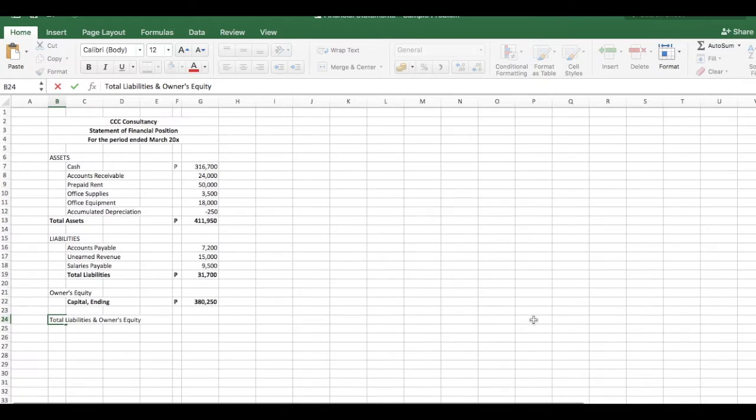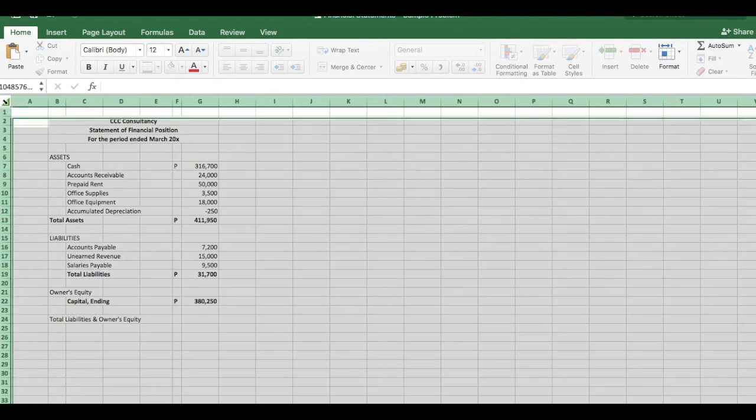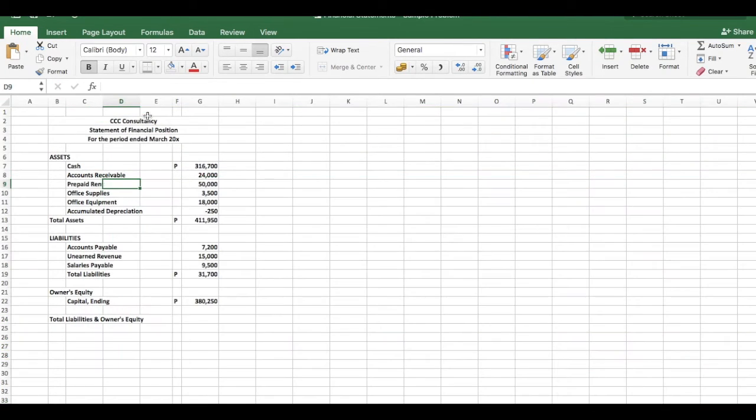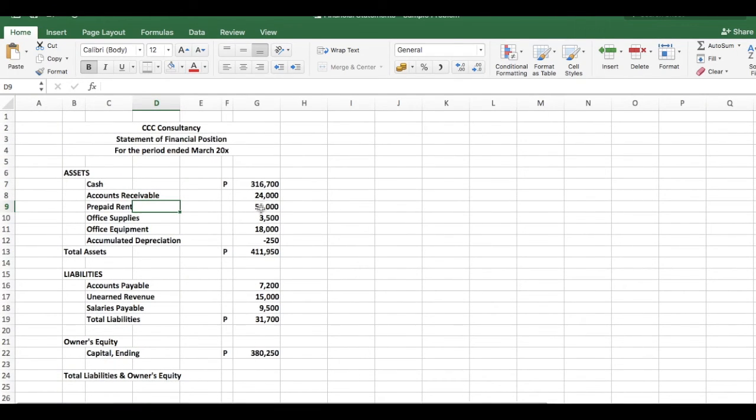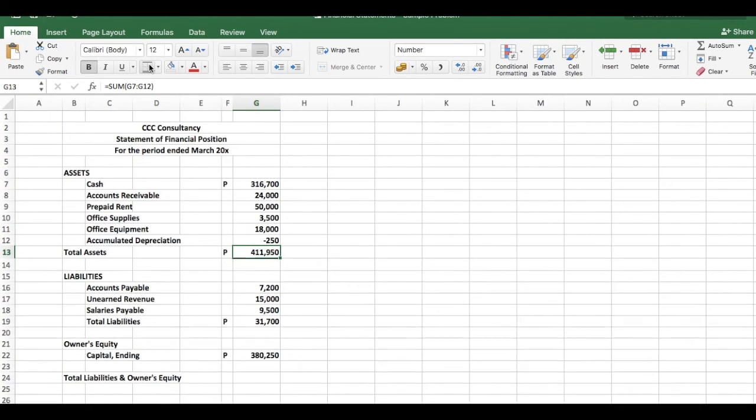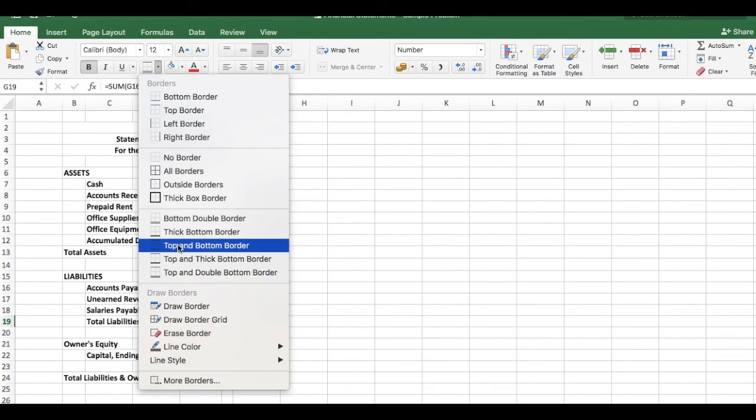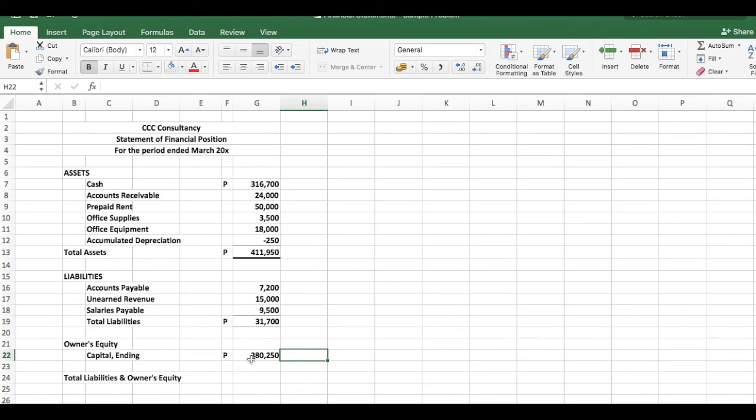I'll zoom it. Okay, so this should be like that. This one can be top and bottom line first, and this one as well.